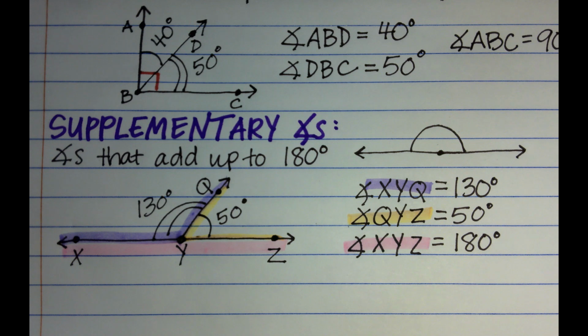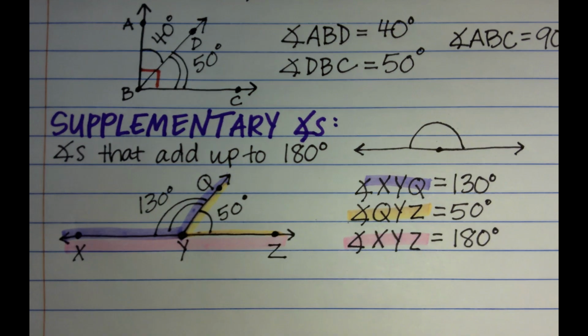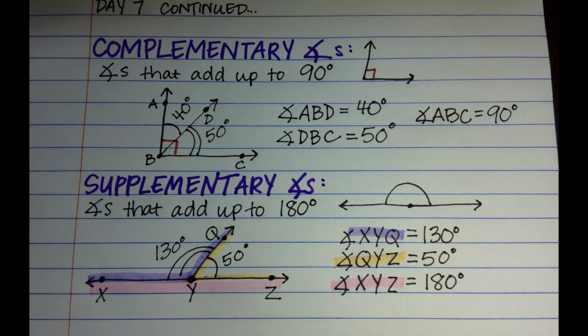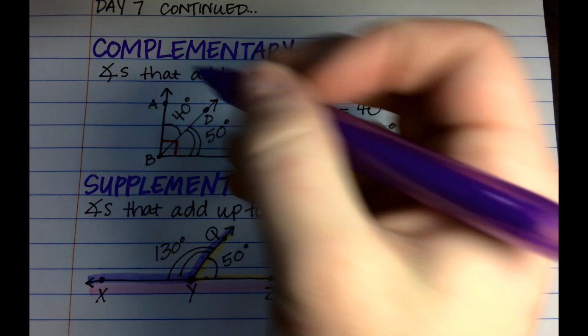All right, and I believe I marked everybody here. Good. All right. Any questions about the supplementary angles? Or the complementary? Okay. I guess while we're at it, I'm going to color code these two.